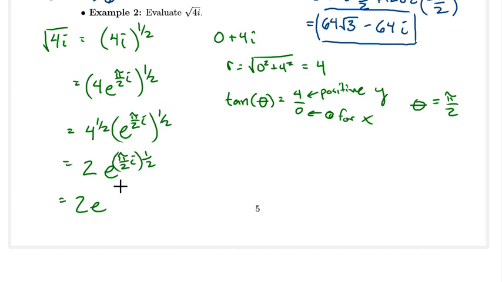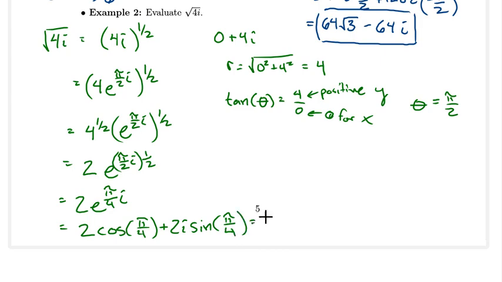So 2e to the pi over 4i. Again, we can turn this into its form of 2 cosine pi over 4 plus 2i sine pi over 4.